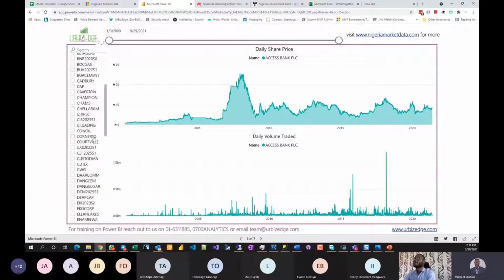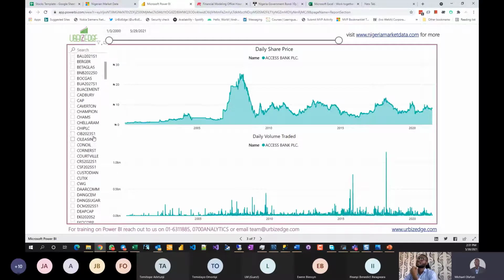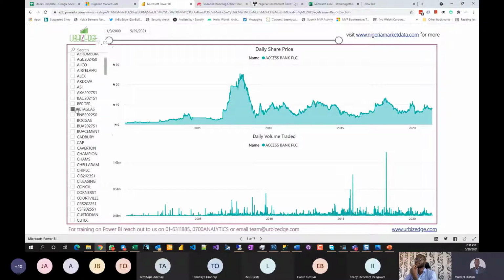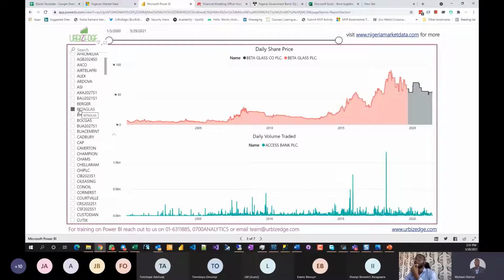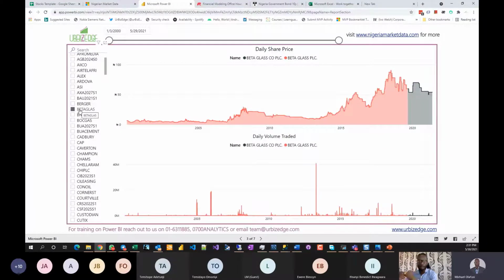So let me see what other company. Maybe instead of just talking about Access Bank, another company that I've always had in mind is Beta Glass. They manufacture glass packaging for every FMCG in Nigeria that uses glass to package its products, right? I think they are the owners of Frigo Glass. Let me just confirm that.